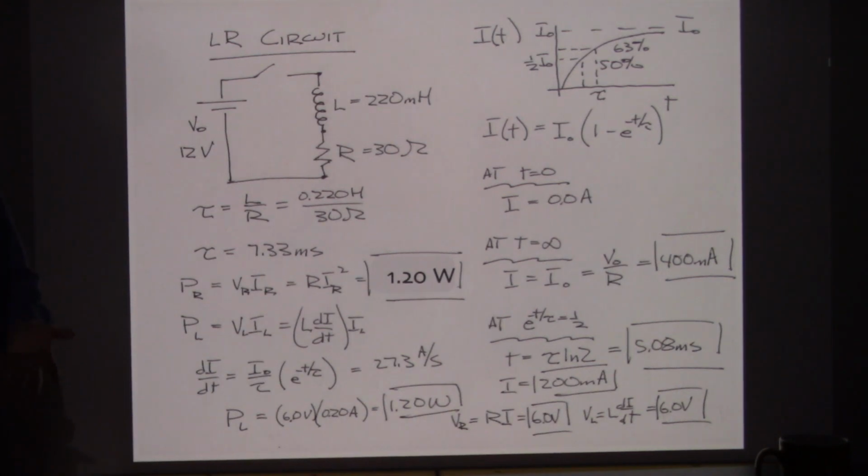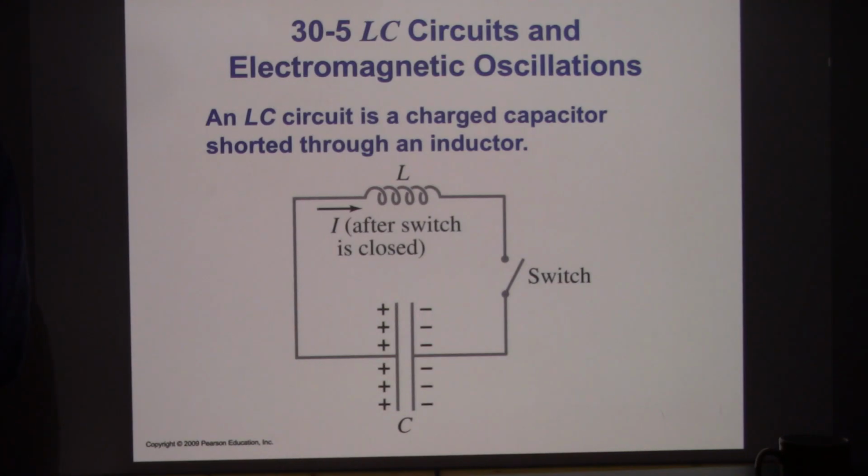Now, what is an inductor doing with energy? Inductors store energy in their magnetic fields. Just the same way that capacitors store energy, inductors are also energy storing devices. So inductors can take energy in and store that as magnetic field energy, and then they can release that energy back out to the circuit.